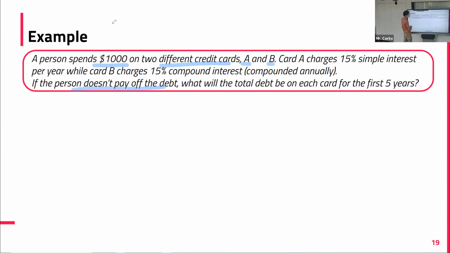The first card has 15% simple interest, and the other card, B, has 15% compound interest. So we want to see what will happen to the value of the debt, the amount owed, for the first 5 years. What pattern will we notice?